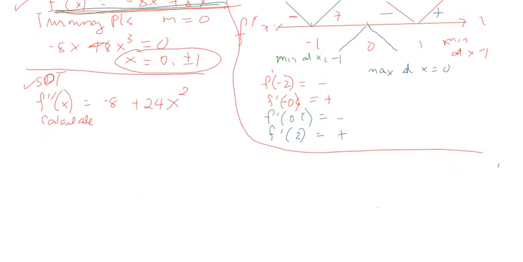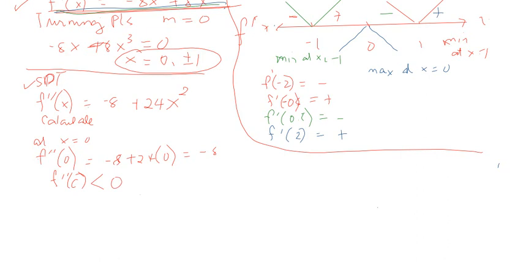At x equals 0, we shall have f double prime of 0, which is equal to negative 8 plus 24 times 0, which gives us negative 8. And our second derivative is less than 0.